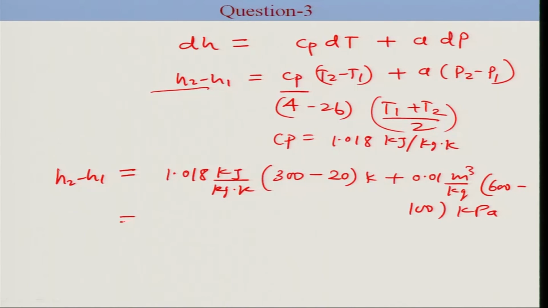After solving it, we get 290 kilojoule per kg. So, this much enthalpy will change.